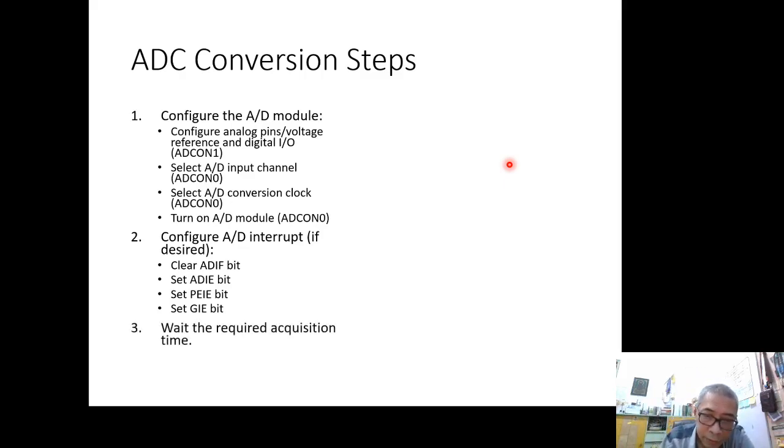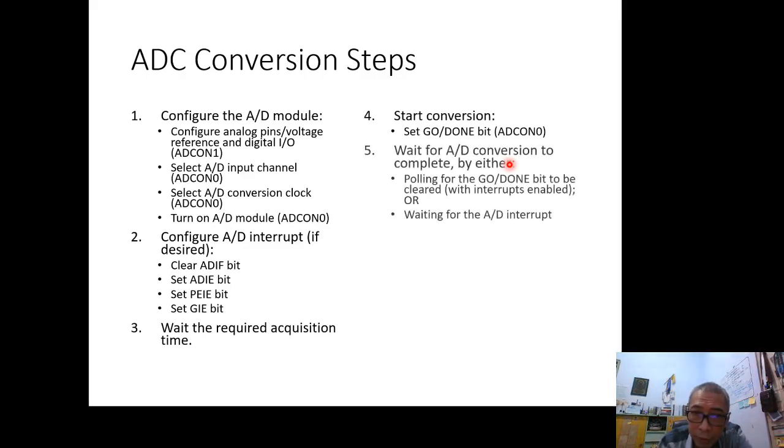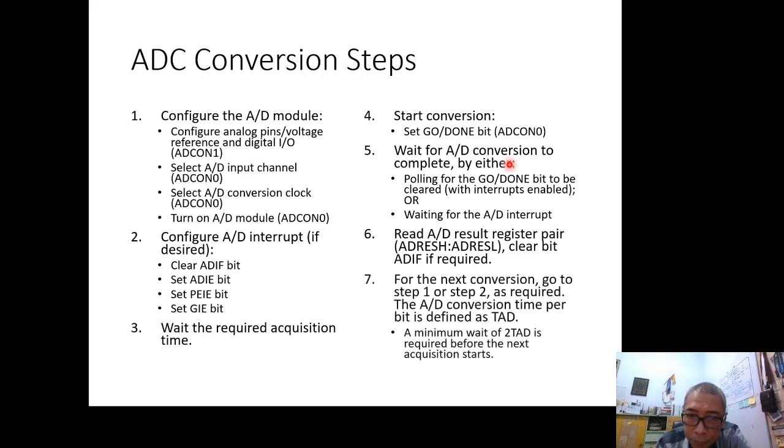Then wait the required acquisition time, start conversion from the GO/DONE bit in ADCON0, wait for AD conversion to complete by polling the GO/DONE bit, and read the AD result in ADRESH and ADRESL. For the next conversion, go to step 1 or step 2 as required. The AD conversion time per bit is defined as TAD. A minimum wait of 2 TAD is required before the next acquisition starts.